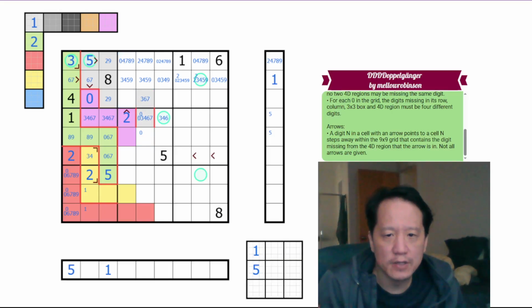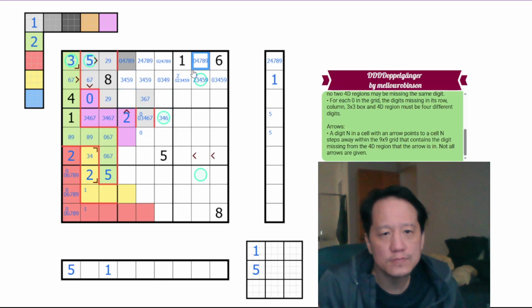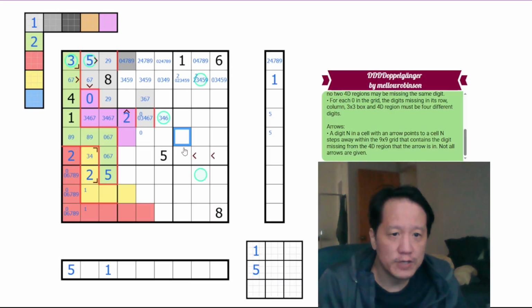This cannot be light because we need to connect to box 4 somewhere. So I guess this is medium. Okay. What else do we have? Remaining digits that could be in this arrow.